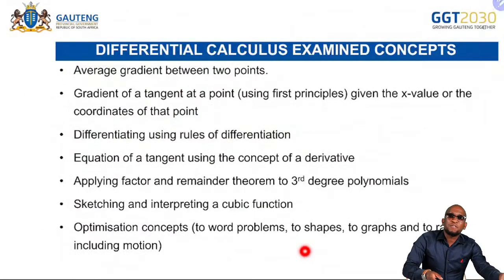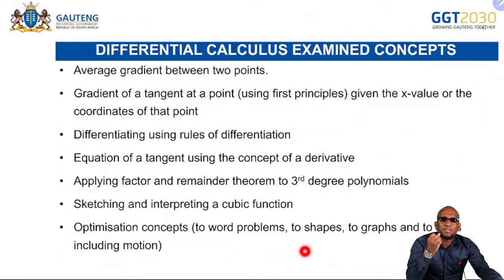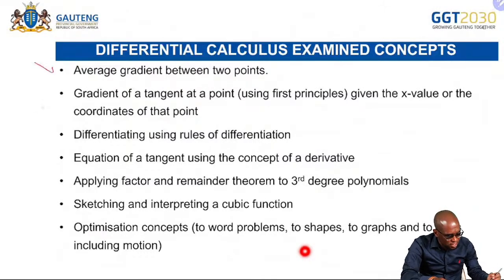Right, differential calculus. Now let us look at what is examinable and what you should do as far as differential calculus is concerned. 1, you need to know the average gradient between 2 points. 2, the gradient of a tangent. 3, you need to know how to differentiate using rules of differentiation. Also, you need to know how to differentiate using first principles. You need to know how to find the equation of a tangent.